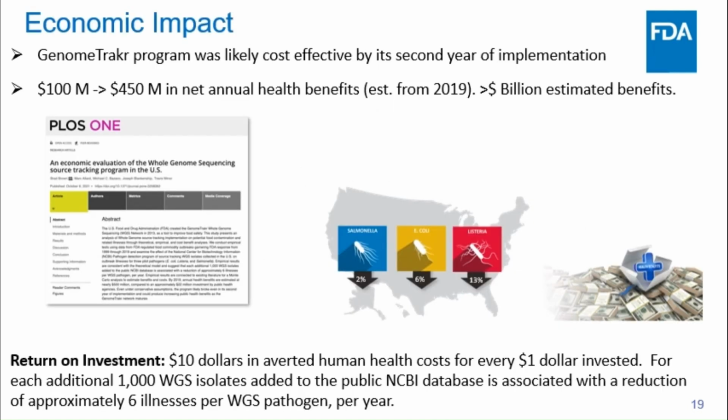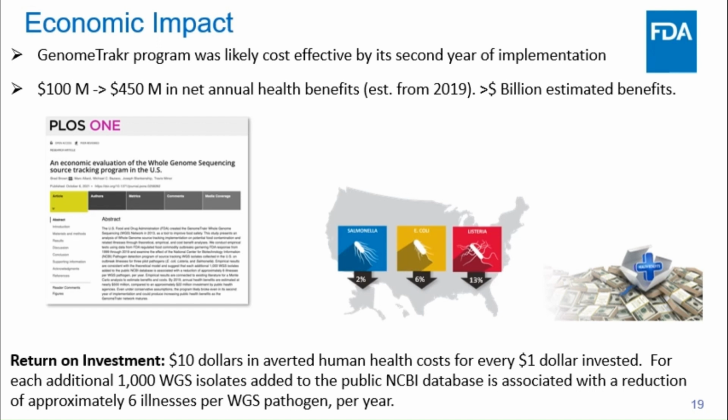In the grand scheme, by 2019, we'd averted over $500 million of illness. And if you look at the trajectory of those earlier numbers, I'm sure we're now well within $1 billion of averted illnesses annually.